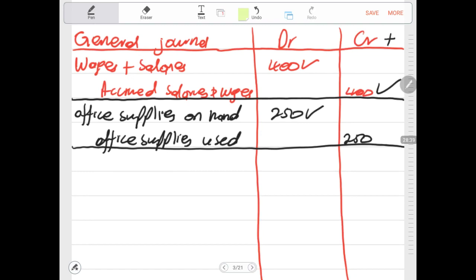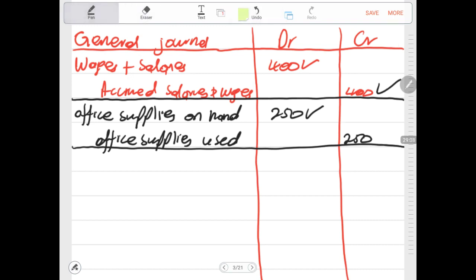Then after we come to our office supplies expense or used, this is an expense account, obviously. I've already mentioned that. And if this is an expense, where do we record expenses? In the income statement. And remember, in this case, our expense is recorded on the credit side. And we know that on the credit side of an account, when it comes to expenses, they decrease.